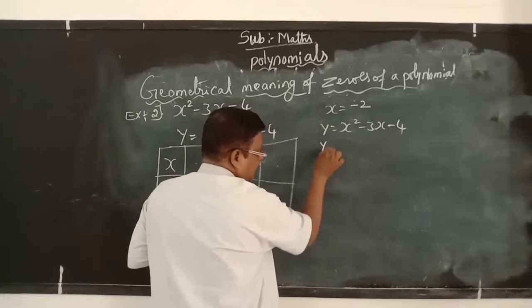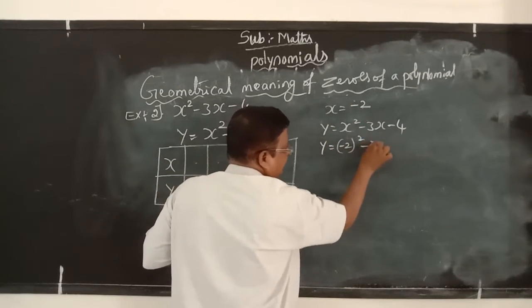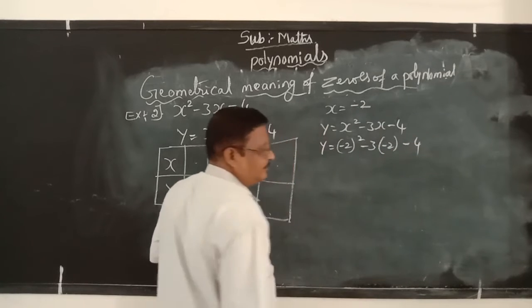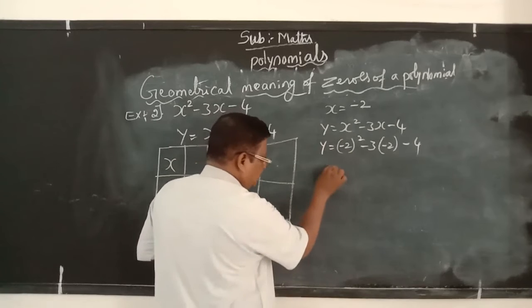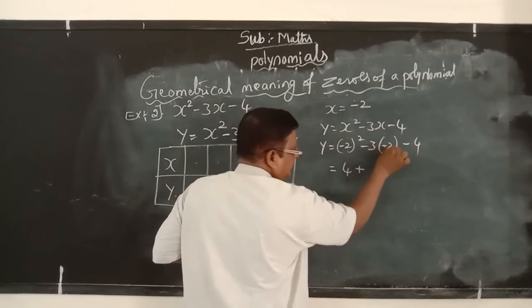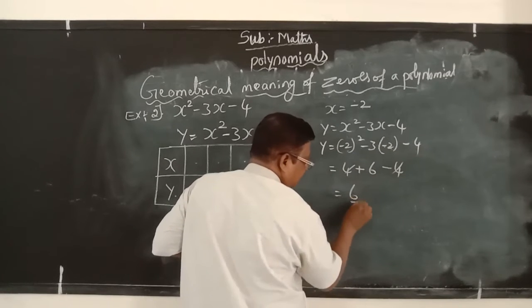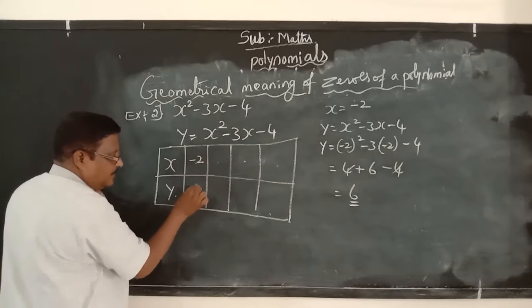So y is equal to (minus 2) whole square minus 3 into minus 2, instead of x putting minus 2. Here minus 2 whole square is nothing but 4, minus into minus is plus, 3 twos are 6, minus 4. This one and this one cancel, so this is equal to 6. First one: when x is equal to minus 2, y value is 6.